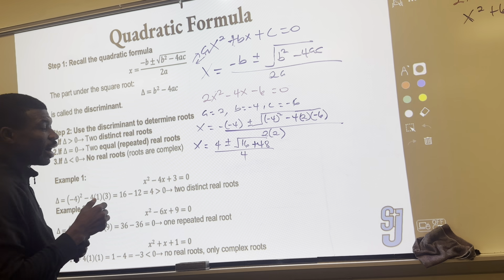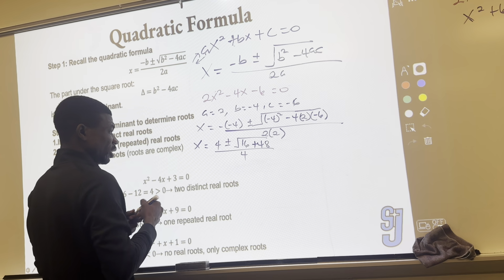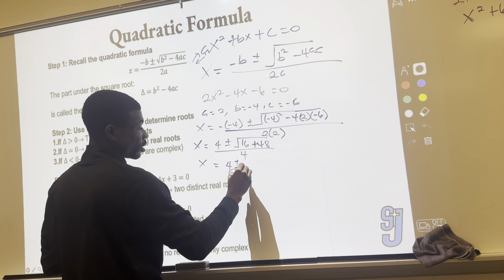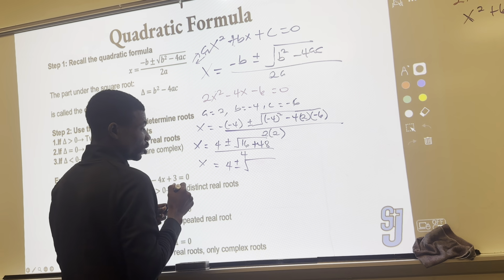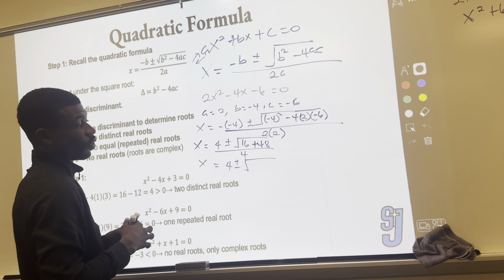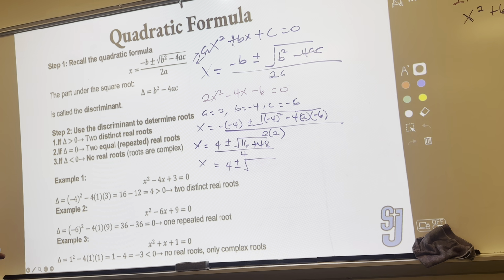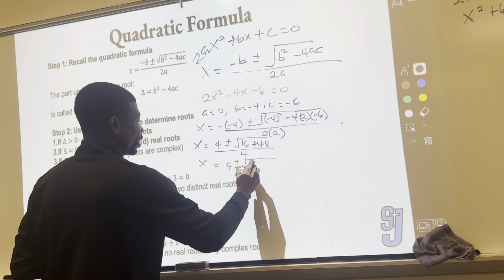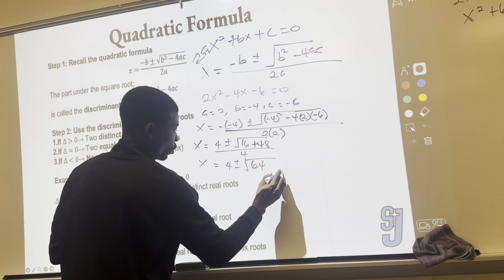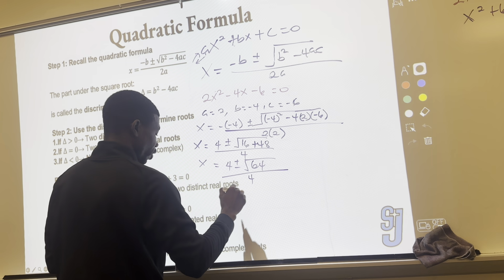So x equals 4 plus or minus square root of 16 plus 48, and that is 64, over 4.